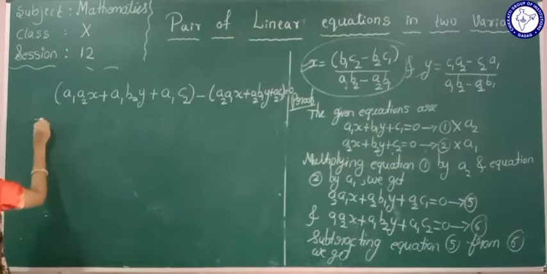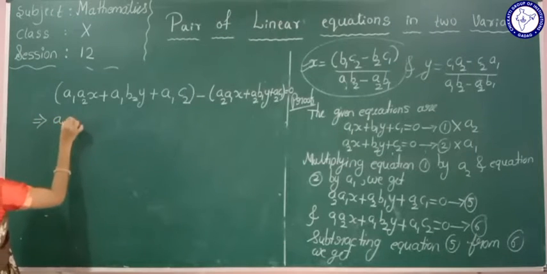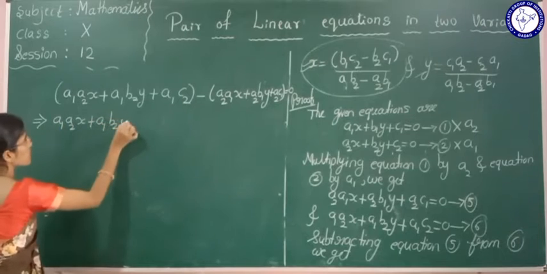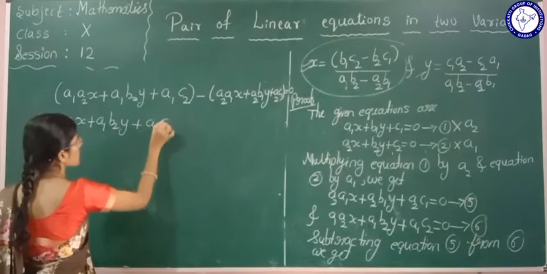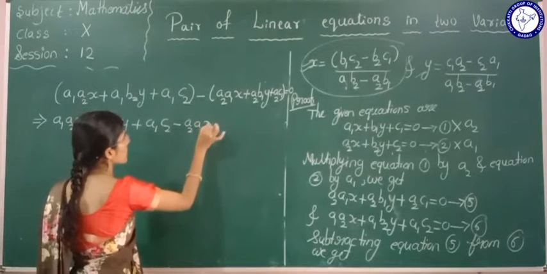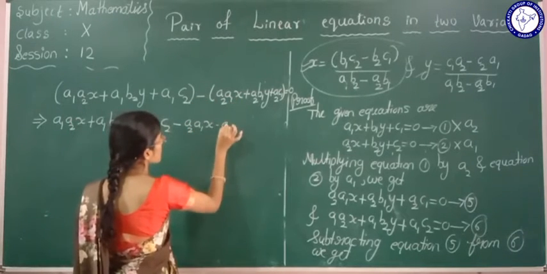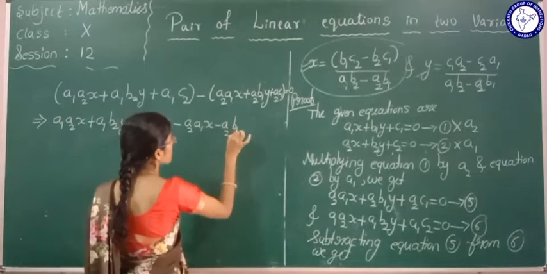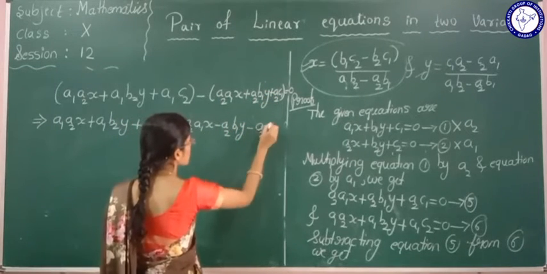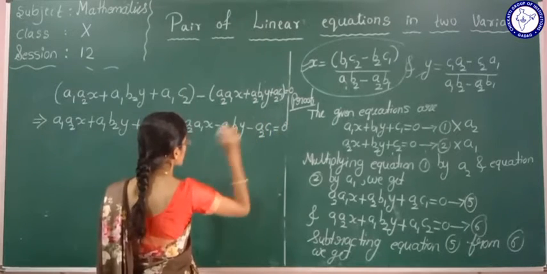So now we will simplify. This implies a1a2x plus a1b2y plus a1c2 minus a2a1x minus a2b1y minus a2c1 is equal to 0.